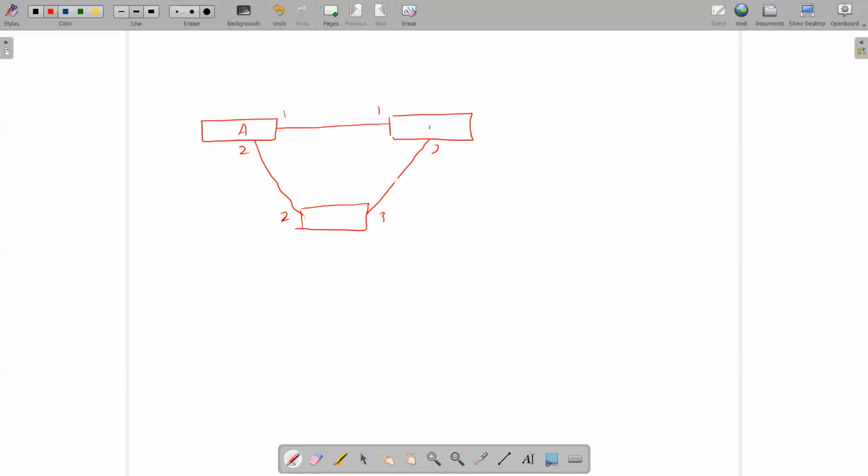This is switch A, B, C. This one is elected as designated port. This has been elected as root port. This is elected as the designated port. This is elected as the root port, and this one, STP put that port into the block or into the alternate port.